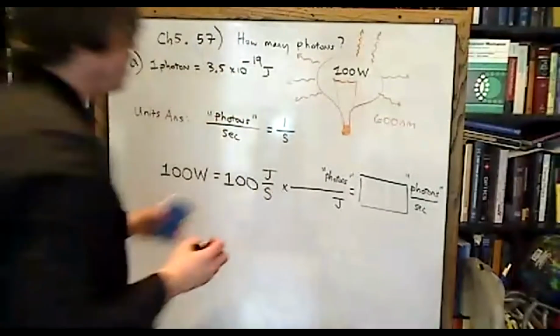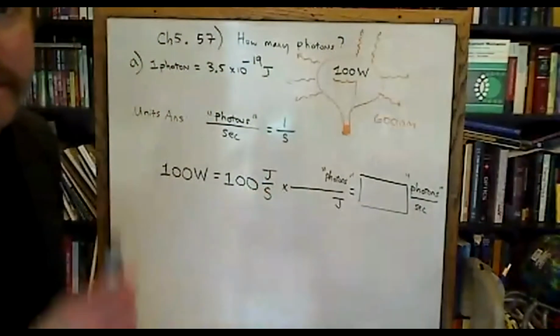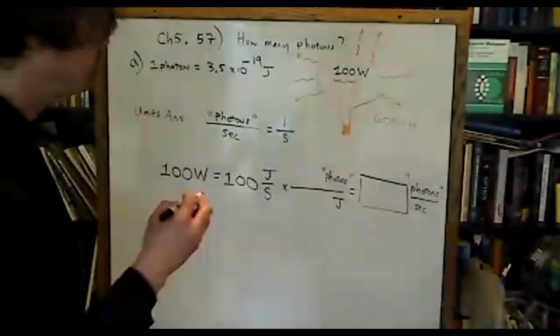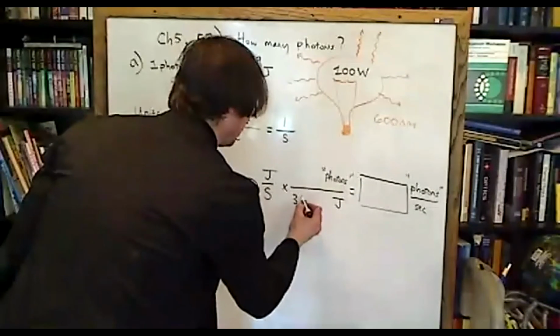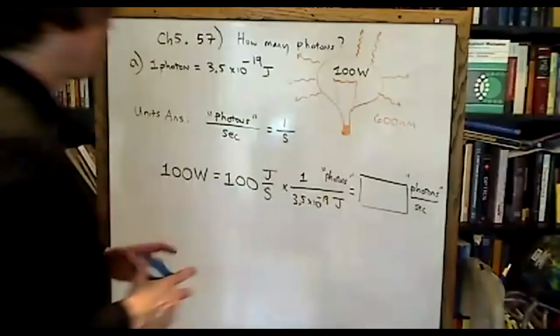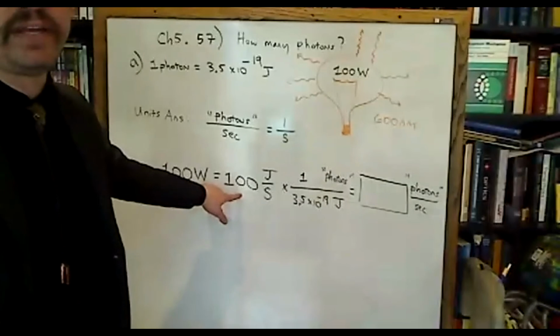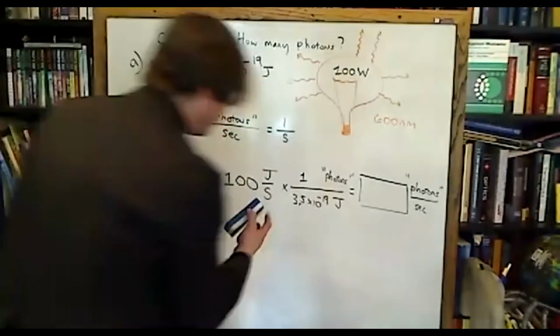So Samantha, where should my number go then? What should I put top and bottom? That 3.5 times 10 to the negative 19 should be on the bottom. Exactly. And what goes on top? 1. Exactly. Okay, guys. So take 100 and divide it by 3.5 times 10 to the minus 19.